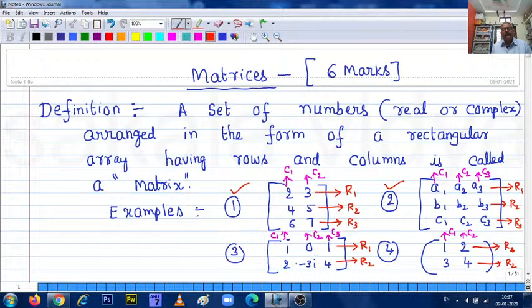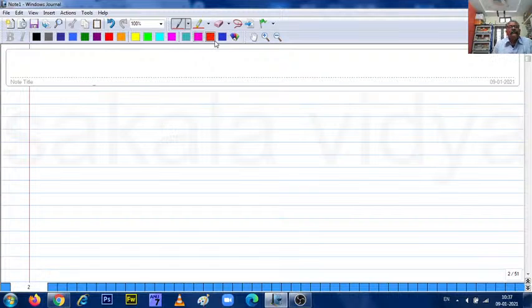I, 0, 1, 2, minus 3i, 4 too. That means the entries of a matrix are called elements. So let us write our observations one by one.